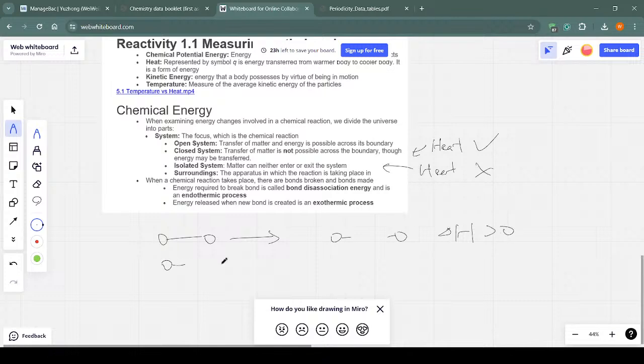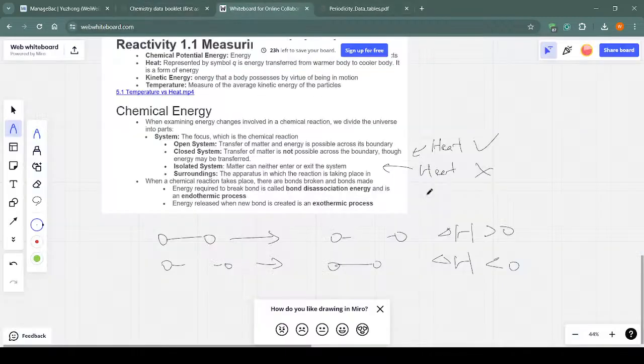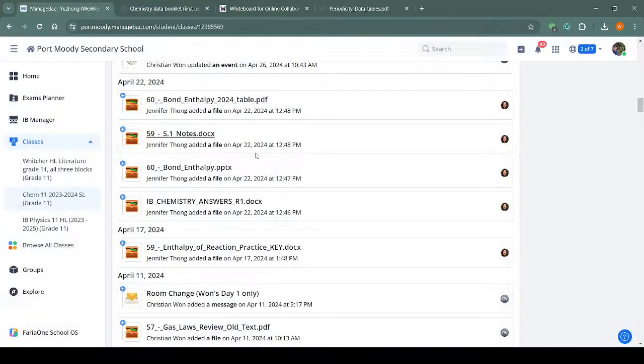And when you're forming a bond, that is exothermic, and delta H is negative. That makes sense, because when they're further apart they have more potential, and when they're closer they have less potential, so they have to lose energy. If you want to pull them apart, you need to give it energy to counter that potential energy. So delta H is positive.